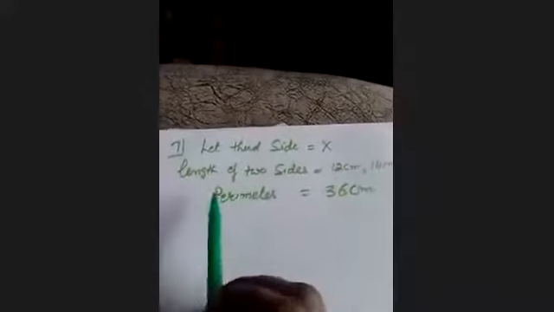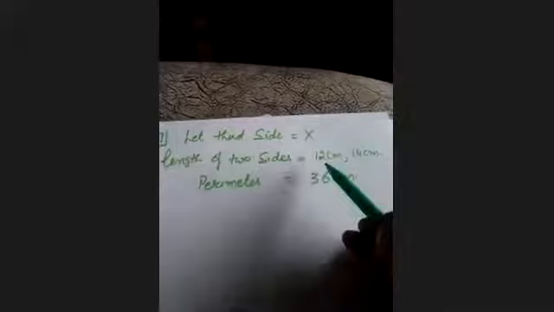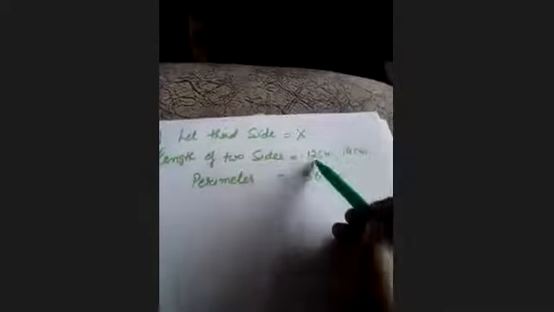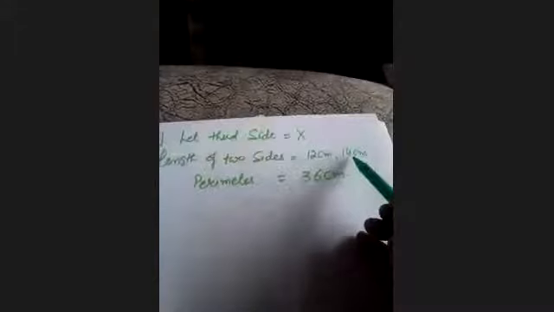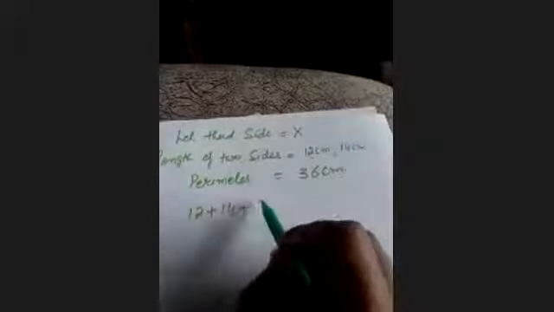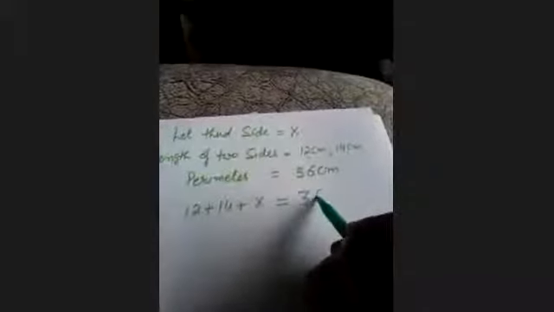Students, in a triangle, when we find the perimeter, we add three sides: first, second, third. Now we have 12 plus 14 plus x is equal to 36.